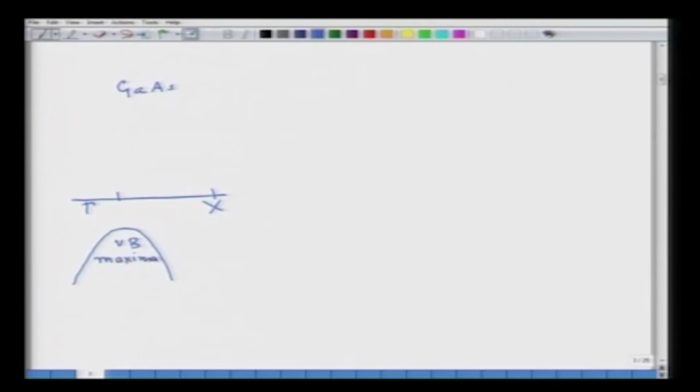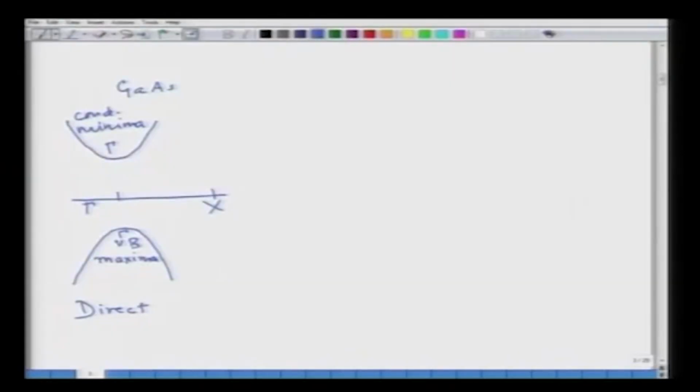In gallium arsenide, which is the direct band gap semiconductor, the conduction band minima also occurs at the tau point. This is the conduction band minima, and as we discussed, this is a direct band gap semiconductor because the minimum of the conduction band and the maximum of the valence band align, and hence you have a very good probability for radiative emission, and this is a wonderful material for light emitting devices.